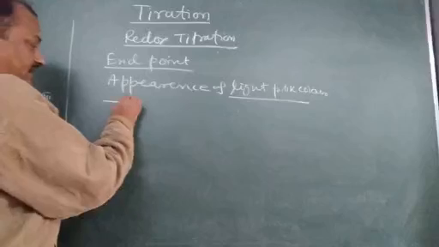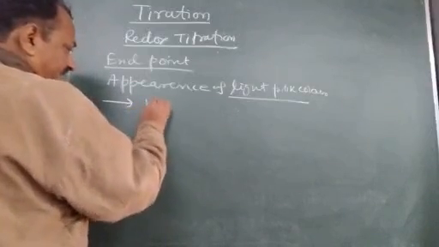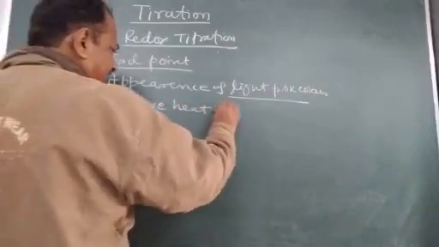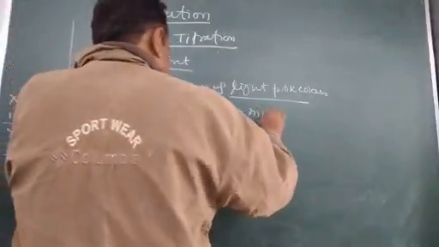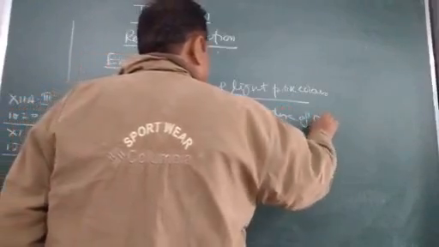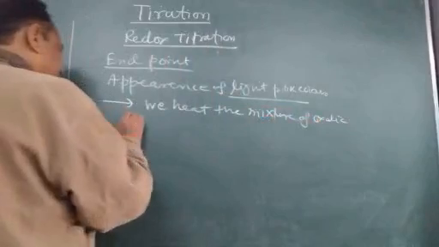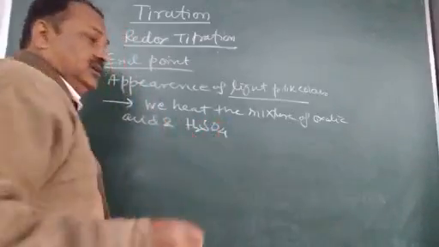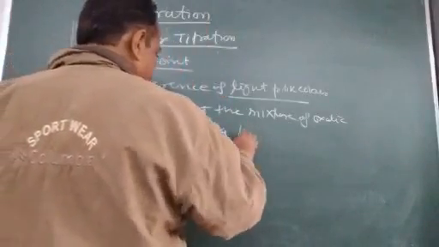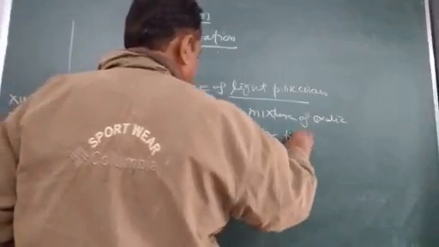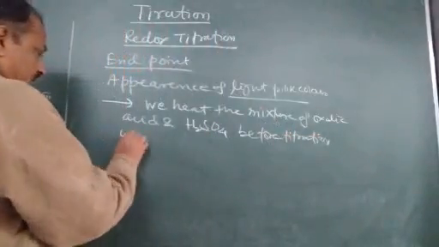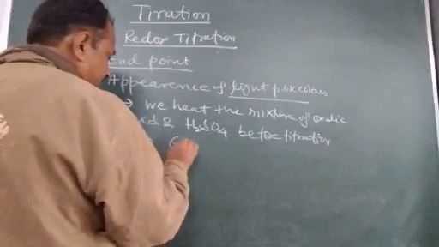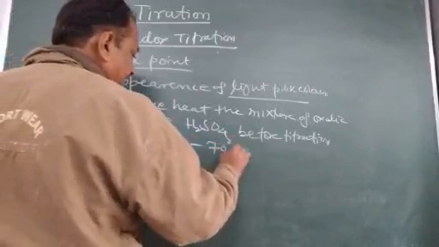Now the second important part is we heat the mixture of oxalic acid and H2SO4 before titration, up to 60 to 70 degrees Celsius.